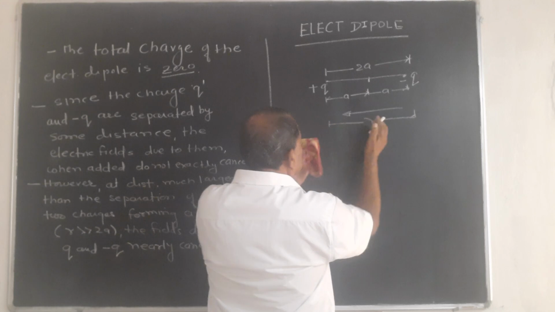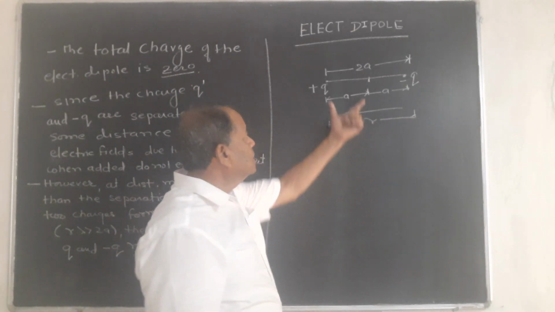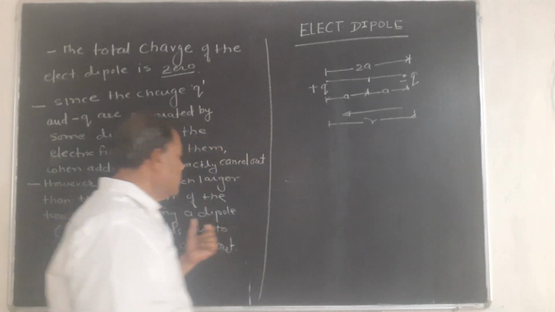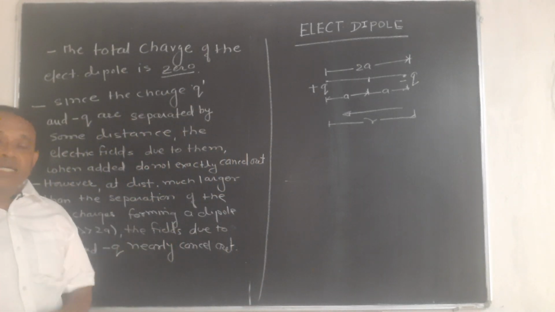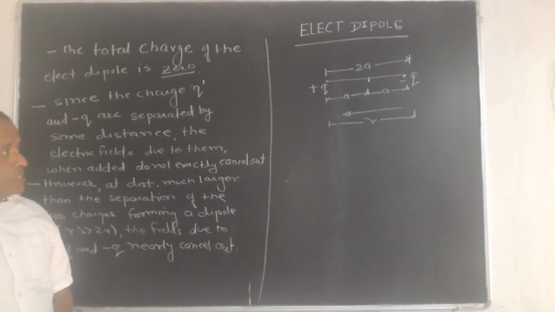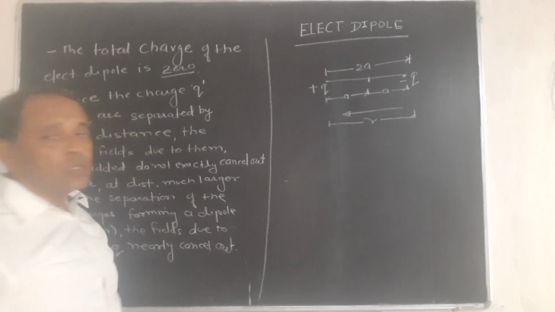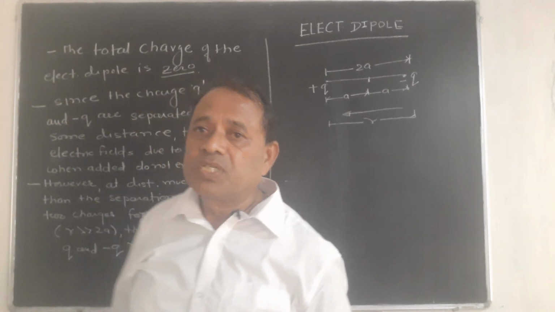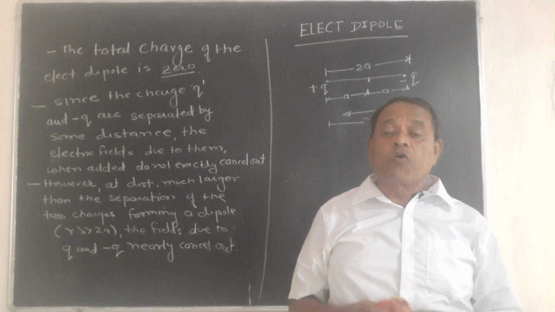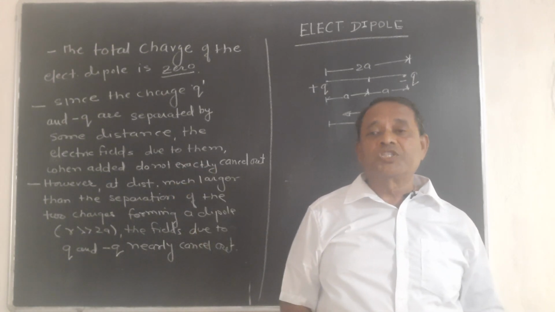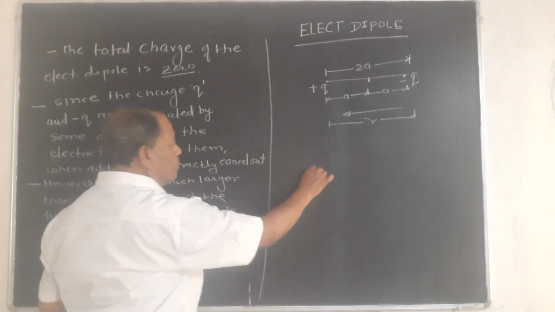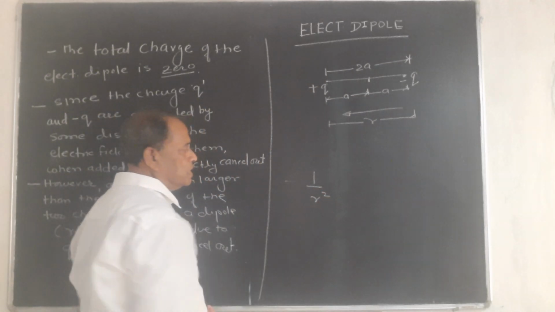Suppose this distance is much larger than the dipole distance, then the electric field will cancel out due to these two charges. So at a larger distance, the electric field due to a dipole falls off faster than 1 upon r square.